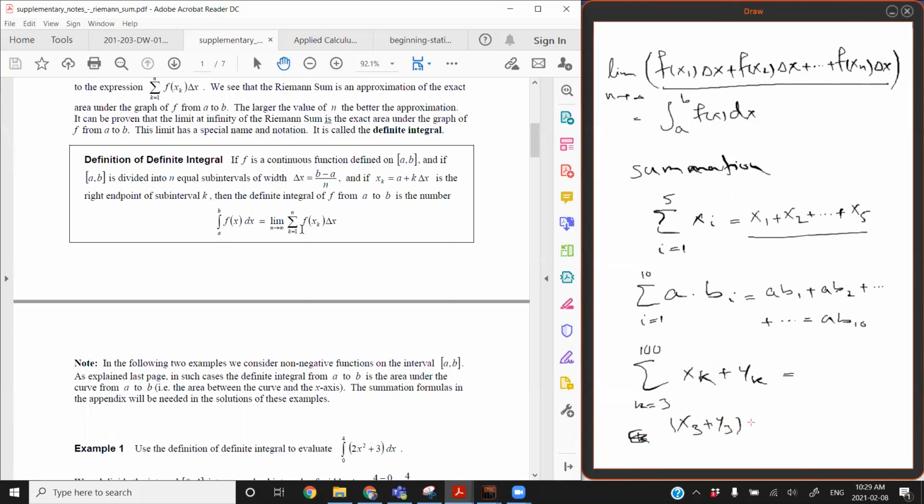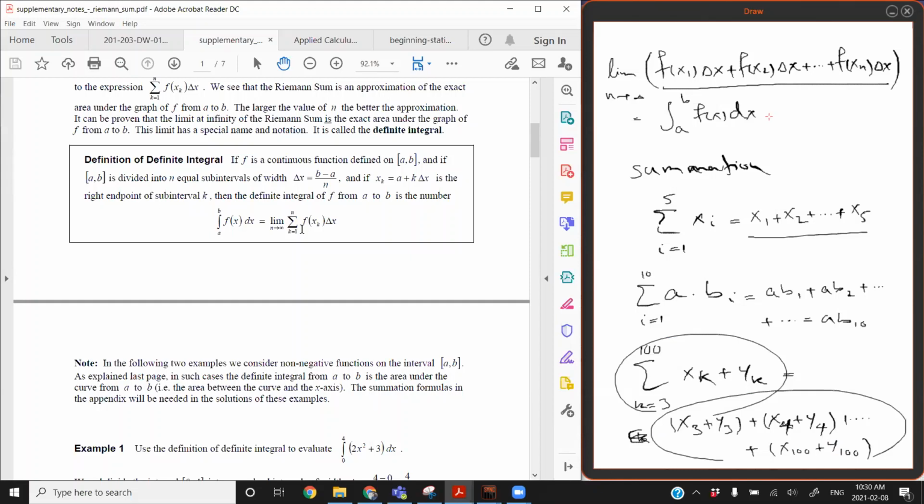That's the first term. Then k becomes 4. I have x4 plus y4. And then I will have the same thing all the way up to the last term, which is when k is 100. I get x100 plus y100. So rather than writing something like this, I'm going to use this shorthand notation, which is called the sigma notation.